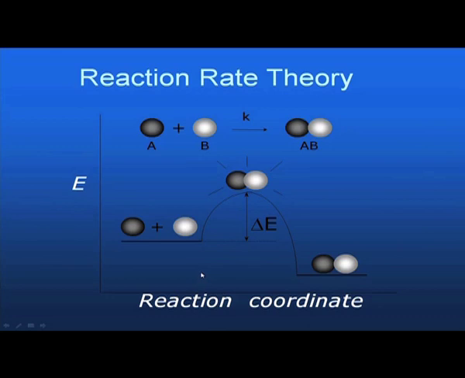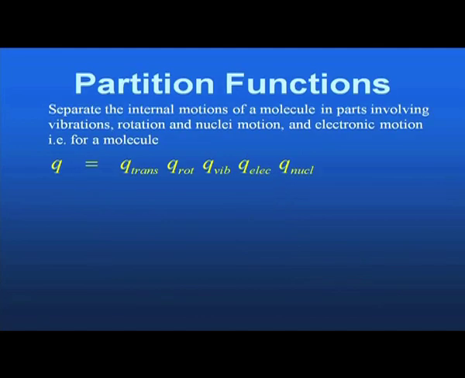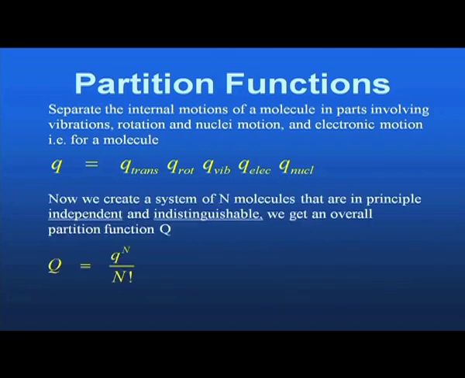This side is the reaction coordinate, maybe as a function of some distance between say A and B. We talked a little about the partition function, which is basically a combination of various terms arising out of various motions. One is translation, another is rotation, vibration, electronic, and of course, nuclear partition function.